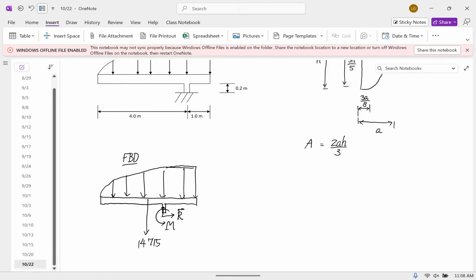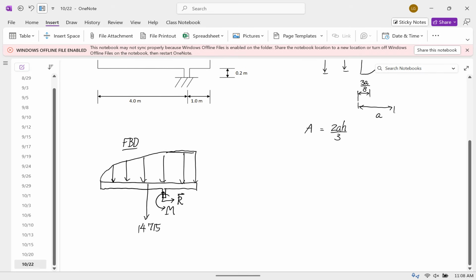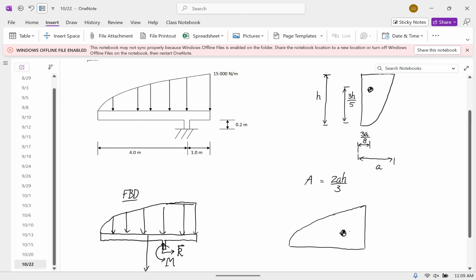And now, in order to represent that distributed load as a point force, we have to use the shape information. We don't care about the vertical location of that centroid. All we care about is the horizontal location. And this thing is flipped sideways.